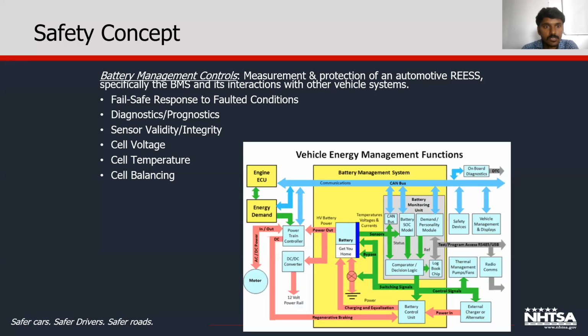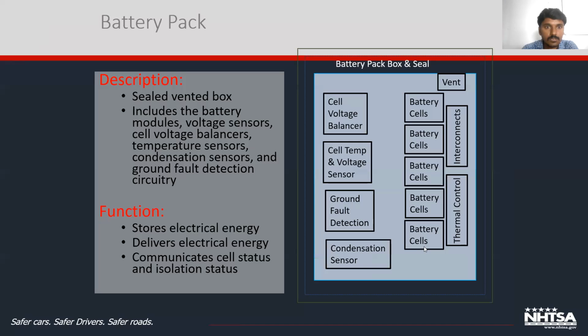We have also seen the block diagram and the main parts of the battery management system: the electronic control unit, CAN (controller area network), SOC (state of charge), and SOH (state of health). The power electronic converter is also part of the battery management system. All these things we have seen.